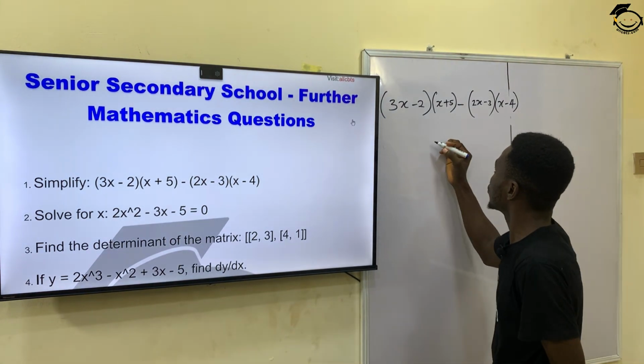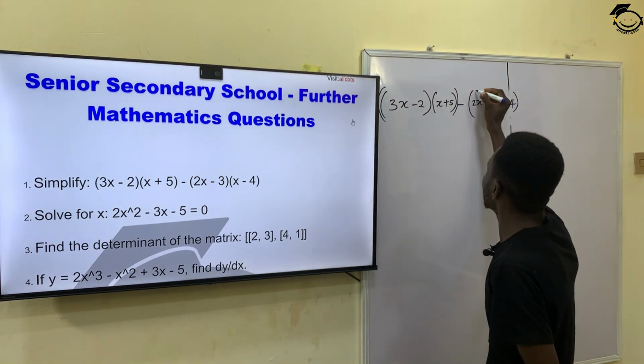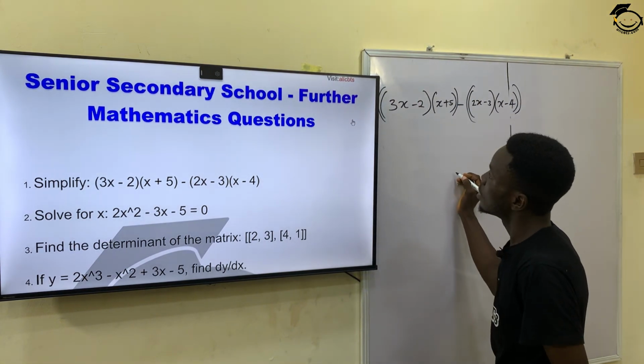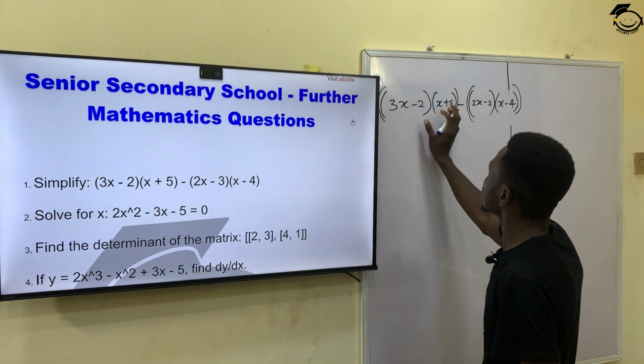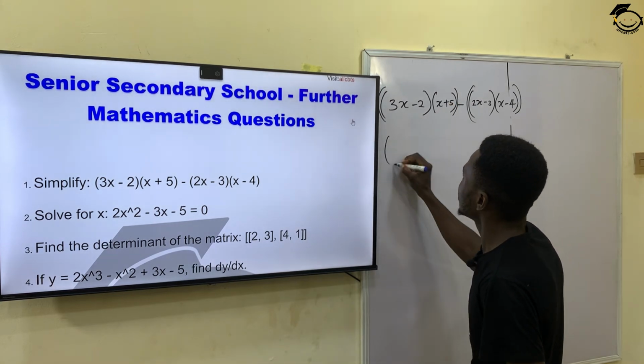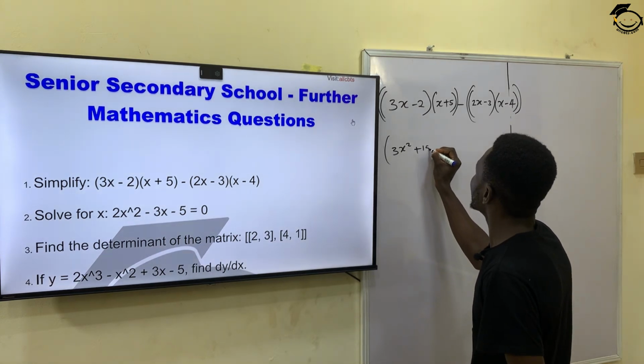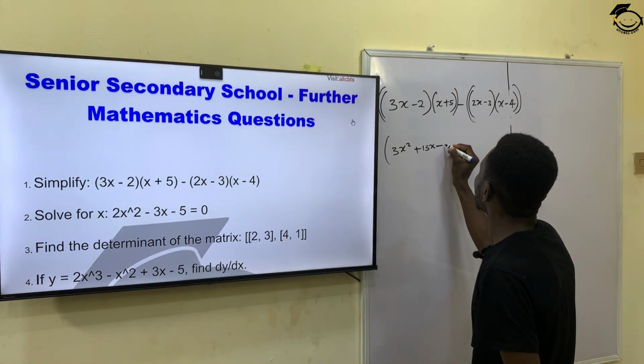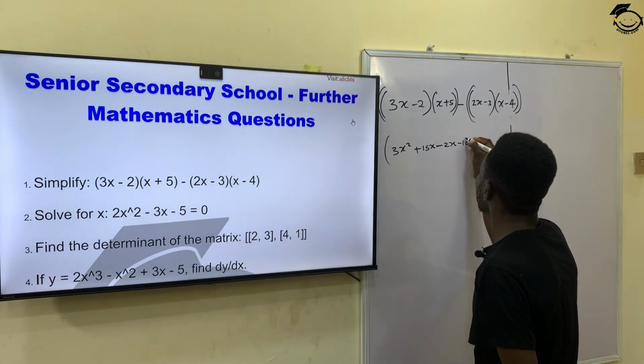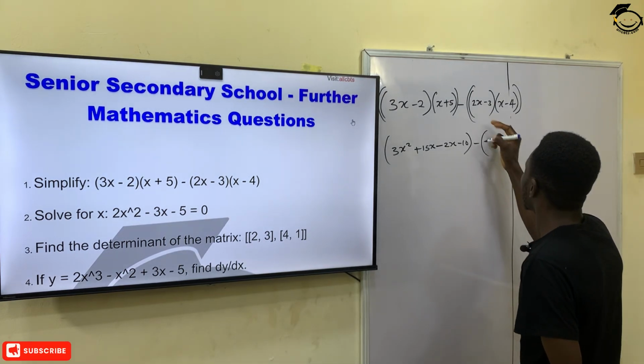So the first thing we are going to do is to simplify these brackets and then simplify these brackets together. So I'm going to use this to open this bracket. That will give me 3x squared plus 15x minus 2x minus 10. And I have minus. I'll do the same to this.